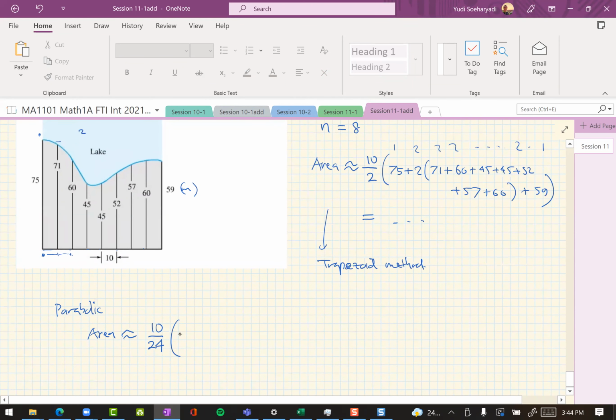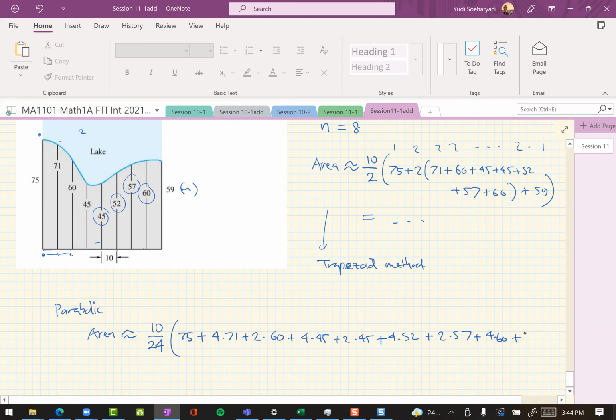The first one is 75. 4 times 71. 2 times 60. 4 times 45. Now the 45. 2 times 45. 4 times 52. 2 times 57. 4 times 60.